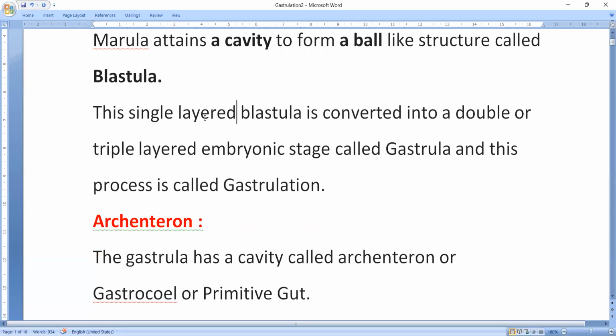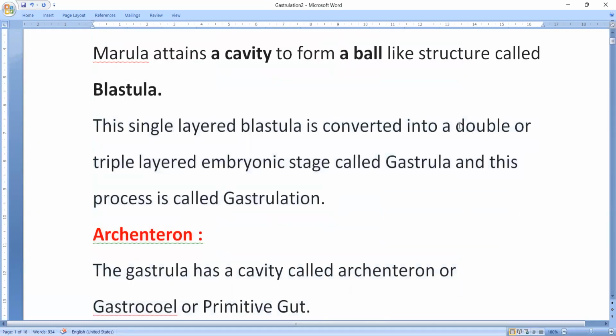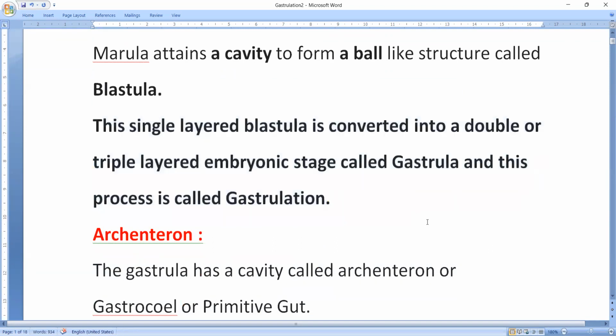This is the definition of gastrulation: the single-layered or sometimes double-layered blastula is converted into a double or triple-layered embryonic stage called gastrula, and this process is called gastrulation.